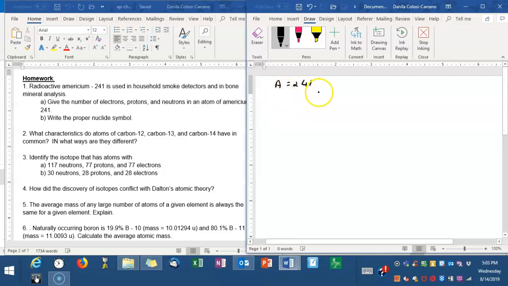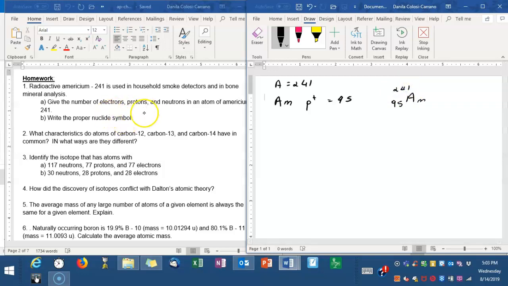This is the mass, and then they are saying americium, so that's the symbol for it. You look at your periodic table, and americium has a number of protons equal to 95. So this means that you will write americium with 95 and 241.